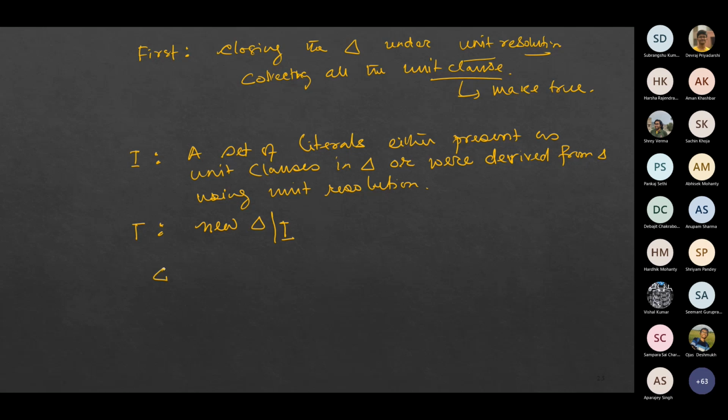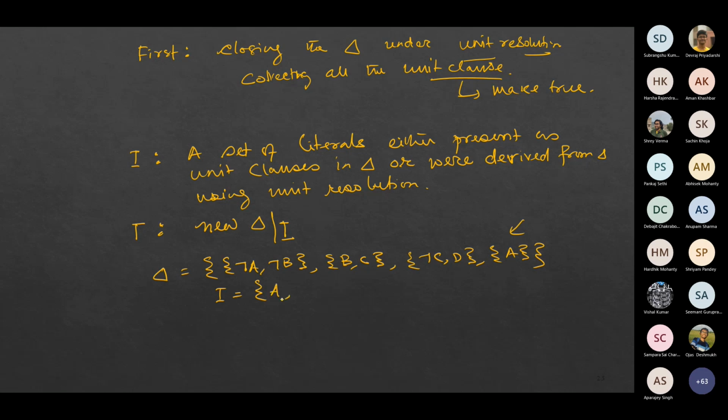So let us take a quick example. Let's say we have A, not A or not B, B or C, then not C or D, and not A. So what will we have in our I? Of course, this will be there.